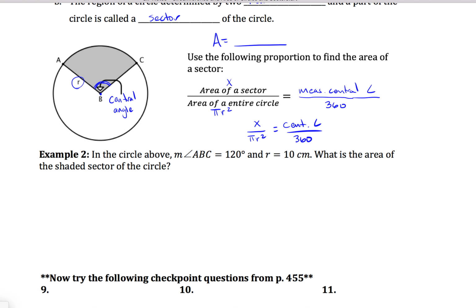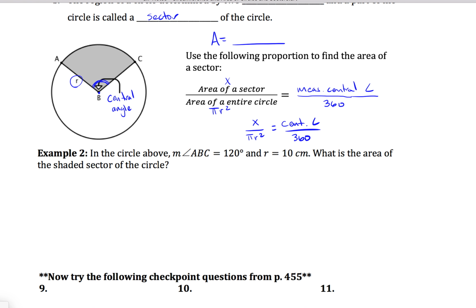So let's do a quick example here. In the circle above, if the measure of angle ABC was 120 degrees, and if the radius was 10 centimeters, what would be the area of this shaded sector? So you can see I'm going to start by writing out my x over pi r squared equals central angle over 360.